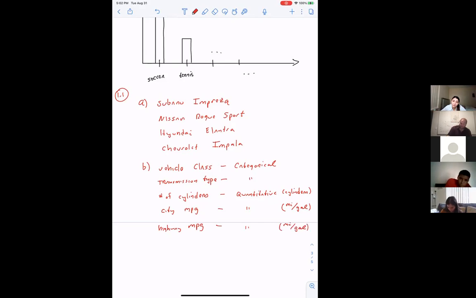And then finally, the last one is annual fuel cost. Categorical or quantitative? Quantitative. And what are the units? Dollars. Dollars what?